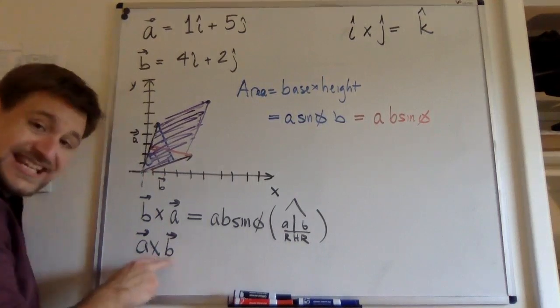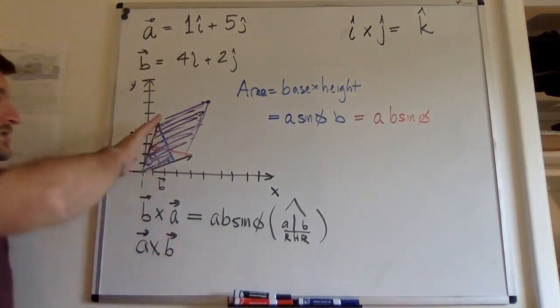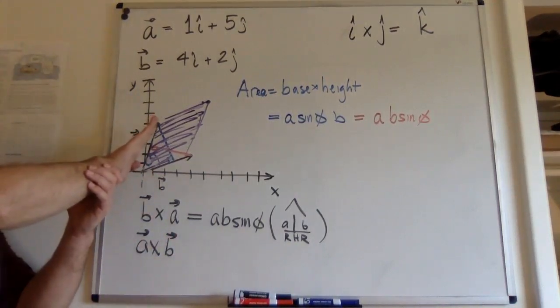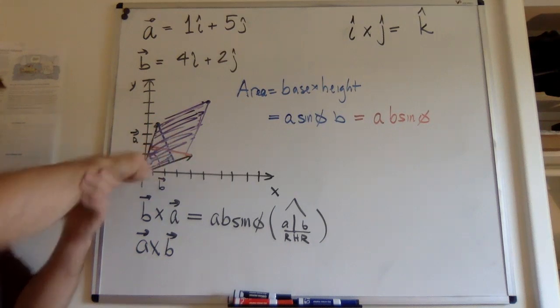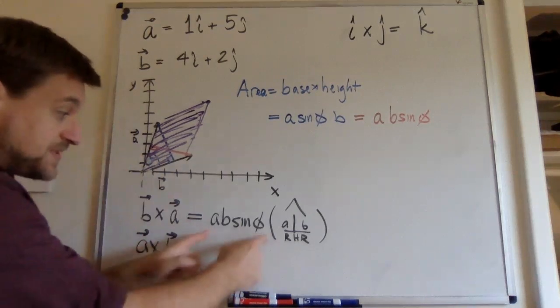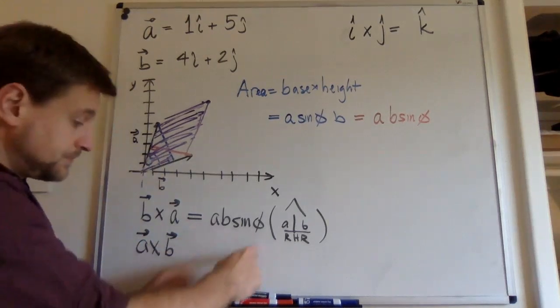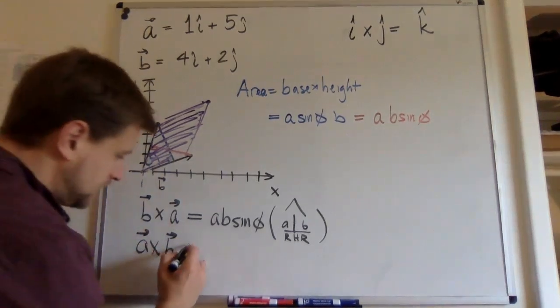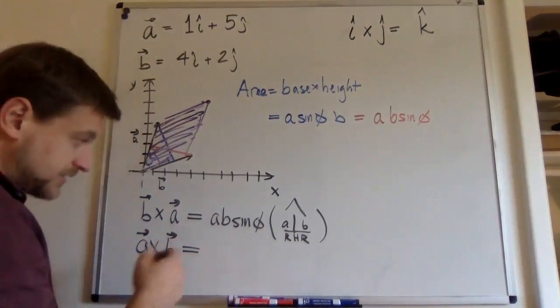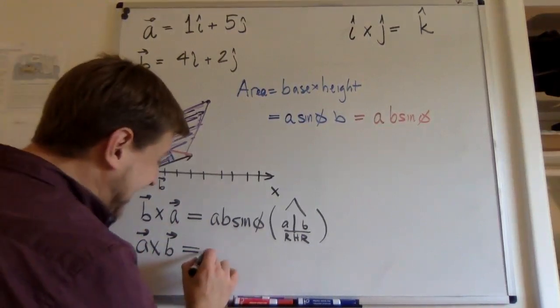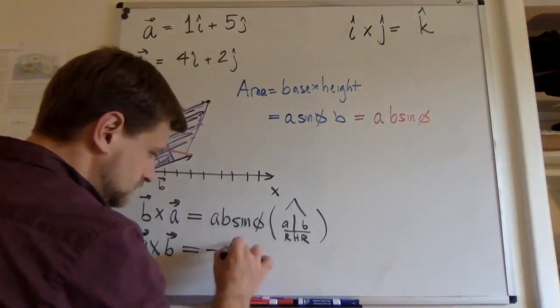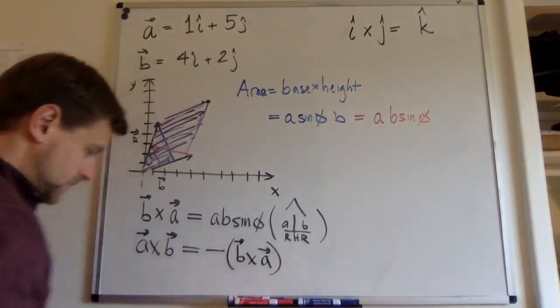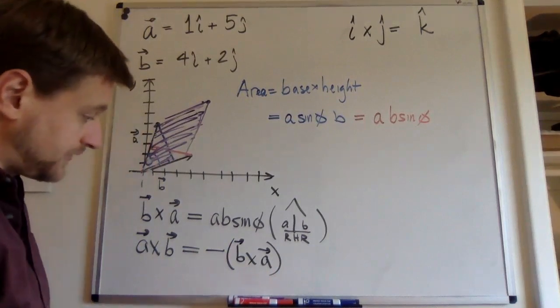A crossed into B, we start with our fingers pointing in A, curl them so they point in B, and our thumb points into the board, opposite the answer we got a second ago. The cross product, the vector product, is anti-commutative. We switch the order, we introduce a minus sign.